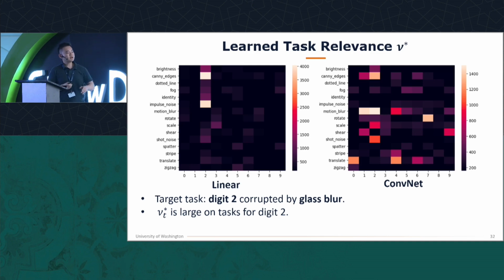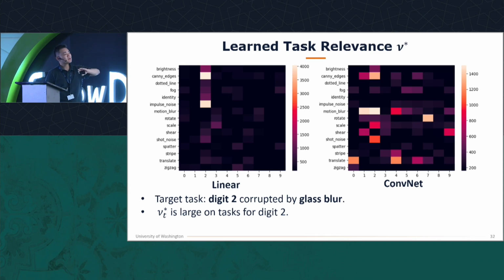This is the heat map we learned for the task relevance, the new star we learned. We have 150 source tasks, and these are the task relevance scores for those source tasks.